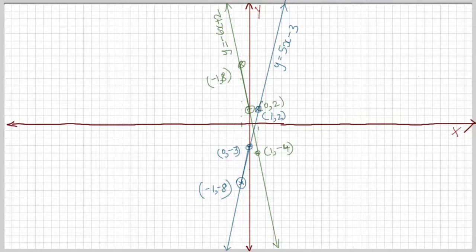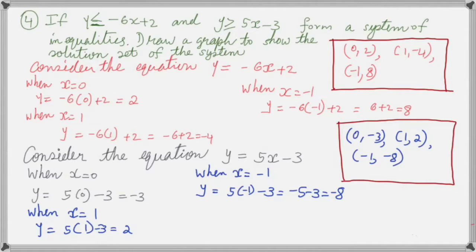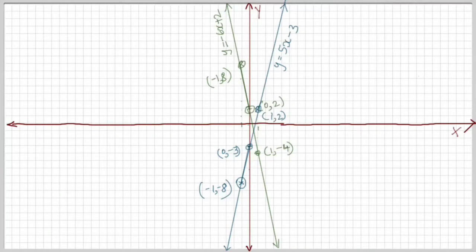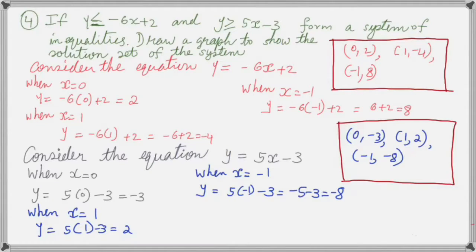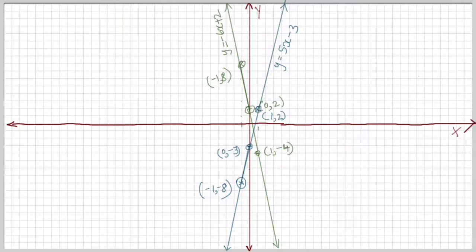So (0, 2) is this point, (1, -4) is this point, and (-1, 8) is this point. Okay, so we plotted all these coordinates on a graph, right? Before I said 18, it's not 18, it's -18.